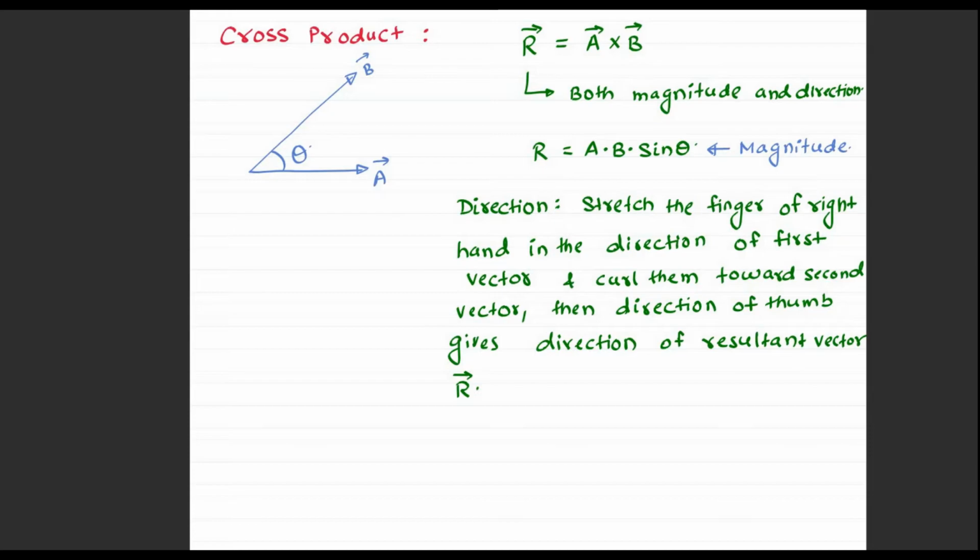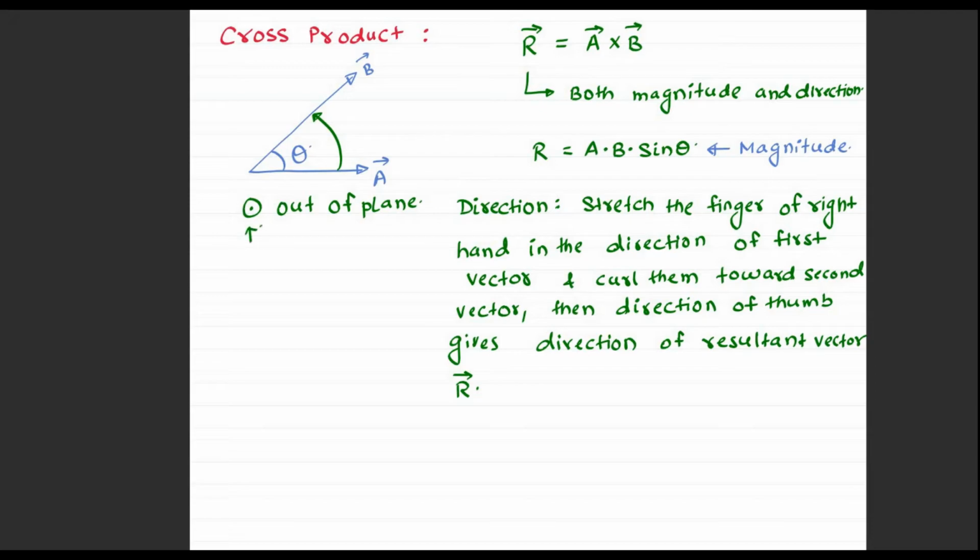So in this case, if you see, if I keep the fingers in the direction of A and curl them towards B, correct, thumb will point out of the plane. So can I say the resultant R will be out of the plane? So this is the direction. If I look at direction of R here, thumb is out of the plane. And this is the sign for out of the plane.